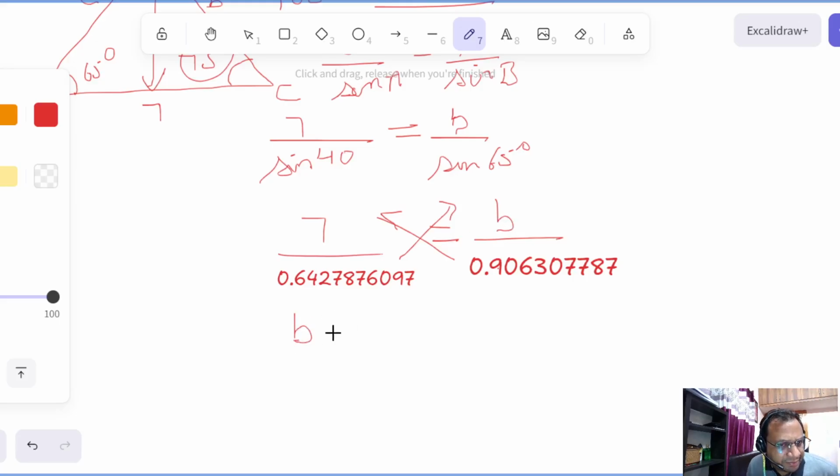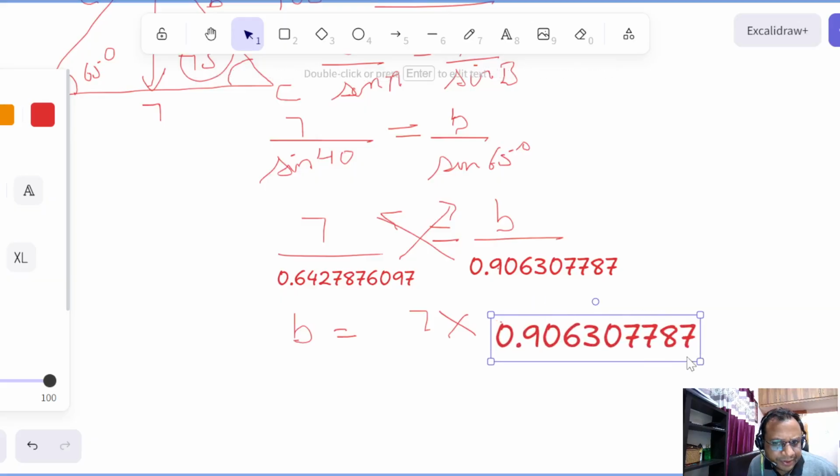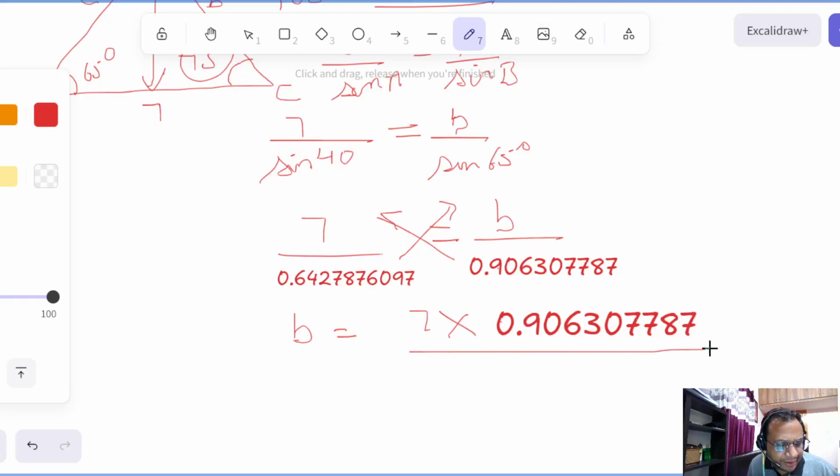So basically b equals 7 times this value, divided by this value, which is 0.6427876097. You can round off or use the same calculator.